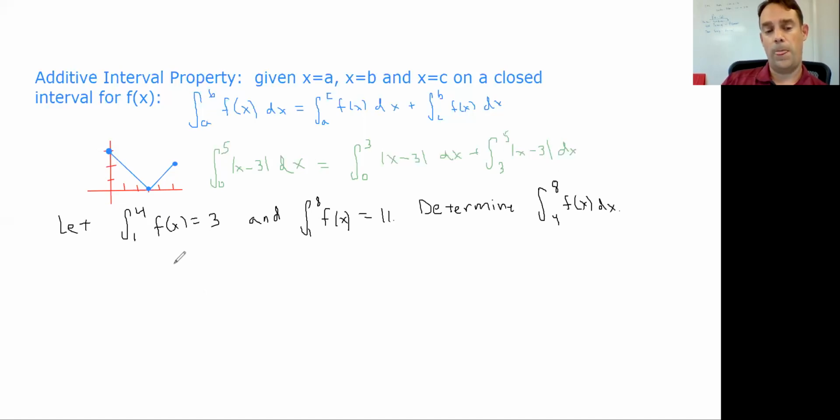So here's what I see. I see right here I have something going from 1 to 4, and then I see it going from 4 to 8.